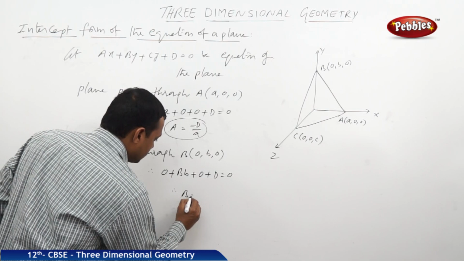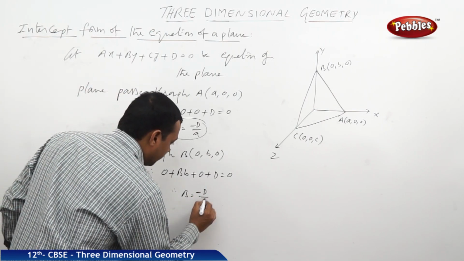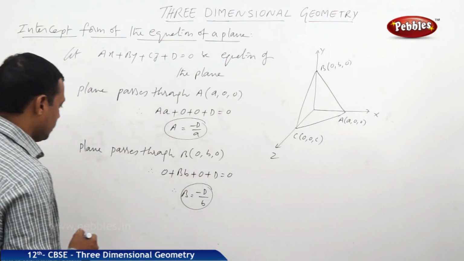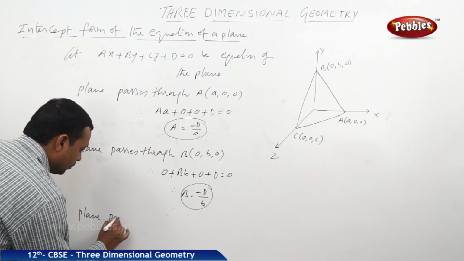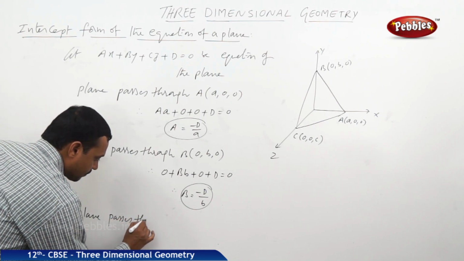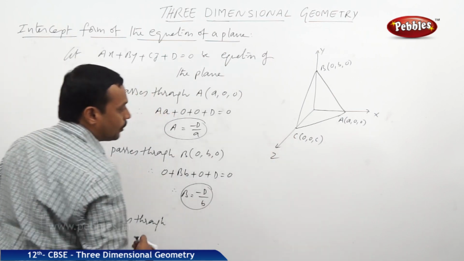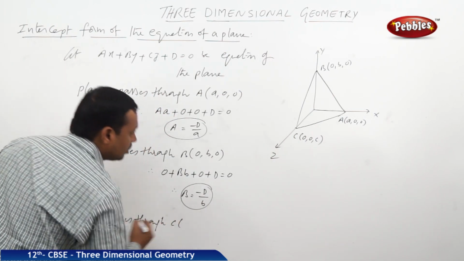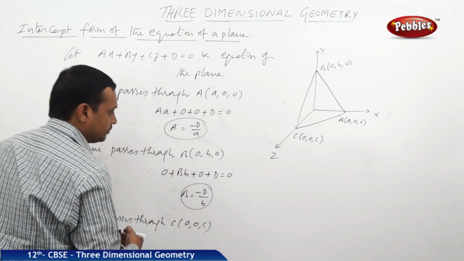Therefore, from this b is equal to minus D by B. The plane passes through the point whose coordinates are (0, 0, c).